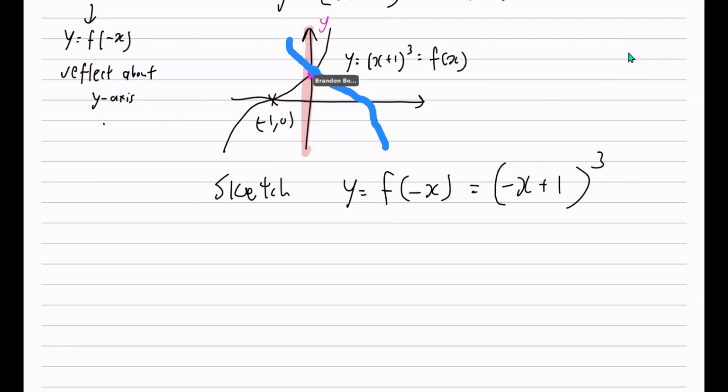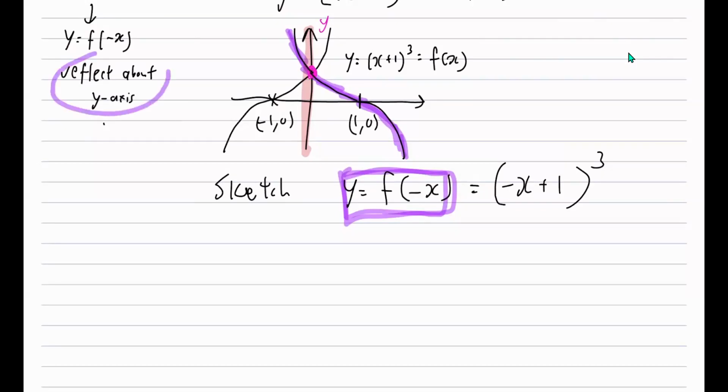Yes, correct. So it will be symmetrical about the y-axis, like this. Positive 1, 0. The purple one, is it clear? The purple part. Okay, yes, reflect about the y-axis.